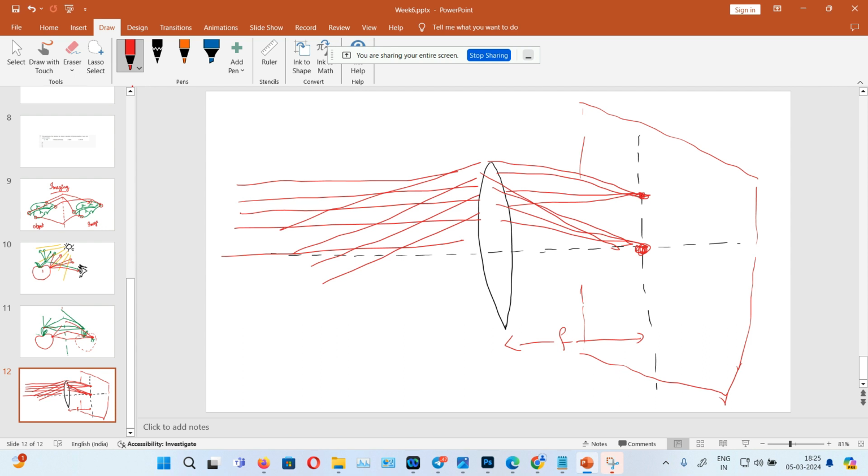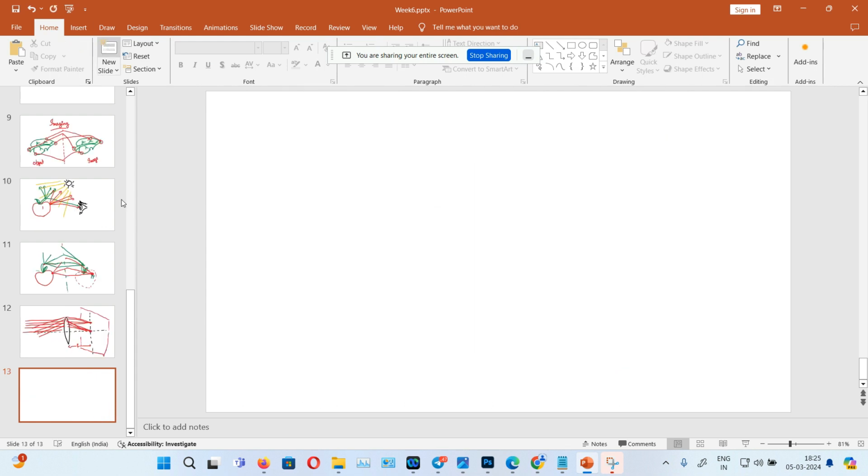So what is the good thing about this? If there is an object here, say a clown mask or something, and there's a lens here, what can happen?